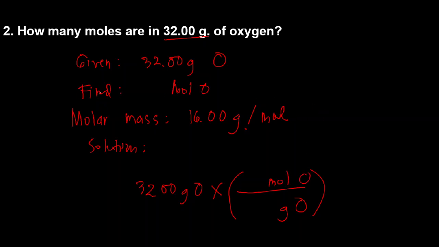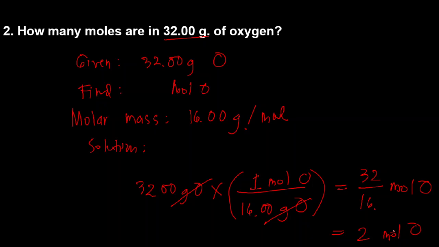Next we can use the molar mass. It's equal to 1 mole over, copy this number here, 16.00 grams. Again, grams cancel. Then multiply 32 times 1, that's 32, over 16. The unit is mole of oxygen. Then divide 32 by 16. The answer is equal to 2 moles of oxygen.